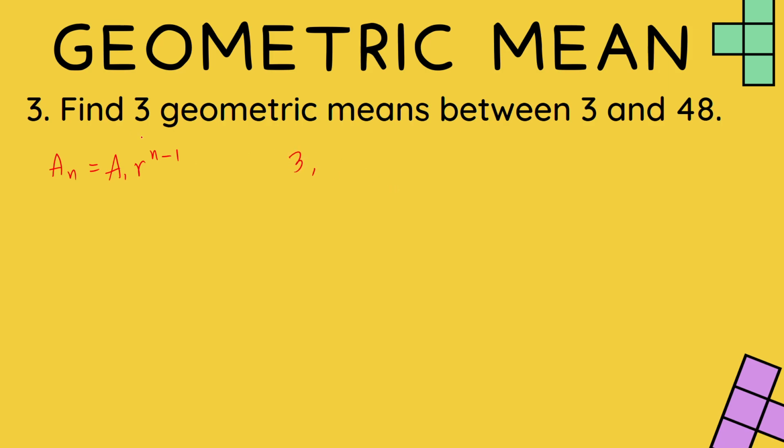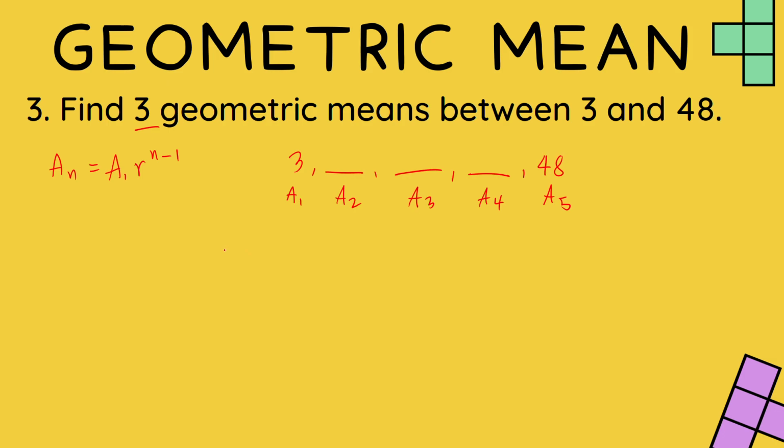Then we're going to insert 3 geometric means. So we have 1, 2, 3, and then 48. That is our last term. So we try to count. We have a sub 1, a sub 2, a sub 3, a sub 4, and a sub 5.